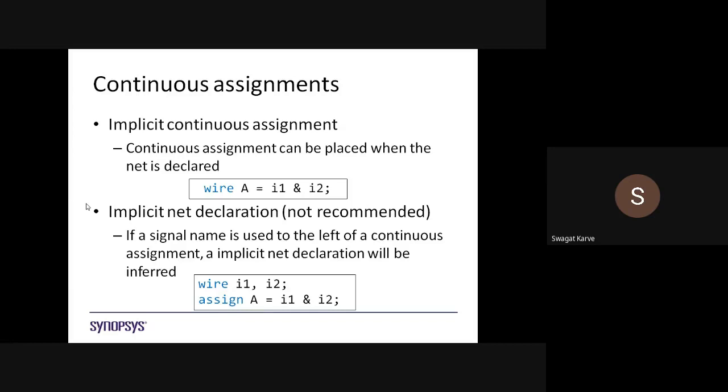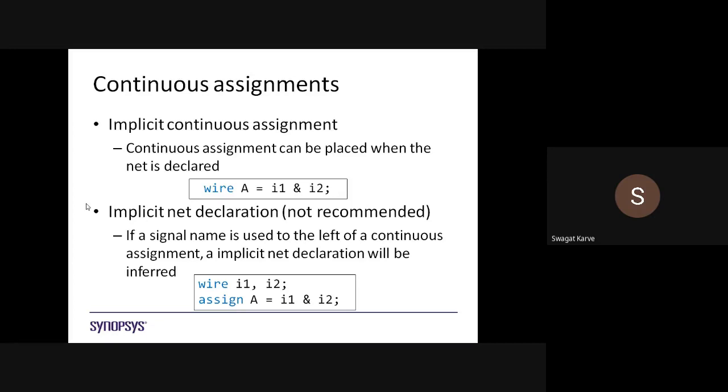That means whatever net or parameters we are using as a wire, then you have to use this implicit net declaration part. That means first we have defined wire I1 and I2, so I1 and I2 are the wires or signals. Then assign A is equal to I1 and I2. That means after ANDing I1 and I2, the final output will be assigned to the A.